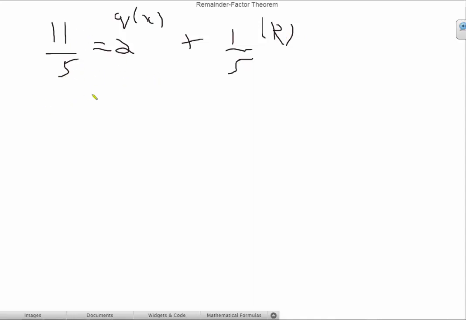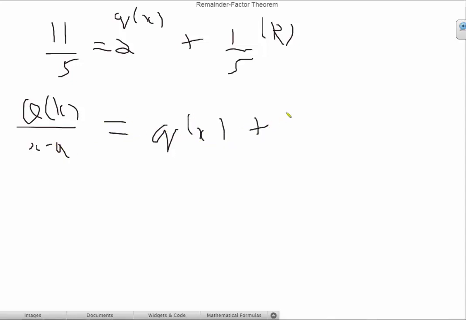And so if we simply apply this to polynomials, let's say I have a polynomial q of x and I divide it by linear factor x minus a, I'll end up getting again the quotient and the remainder divided by this part, the divisor.